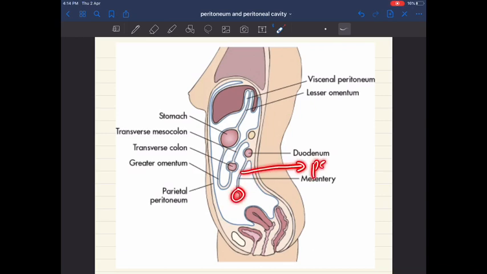This is peritoneal fold. Okay, so we have multiple organs. This is liver, this is stomach, this is colon, this is intestine, small intestine. So all these organs are arranged in your peritoneal cavity by this peritoneum only.